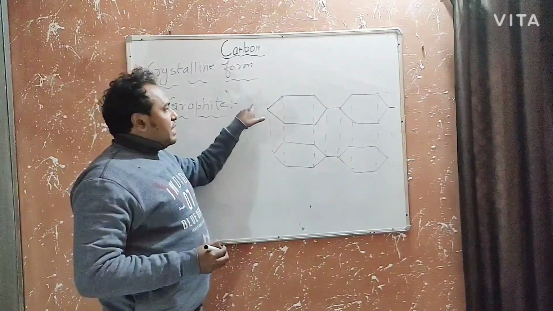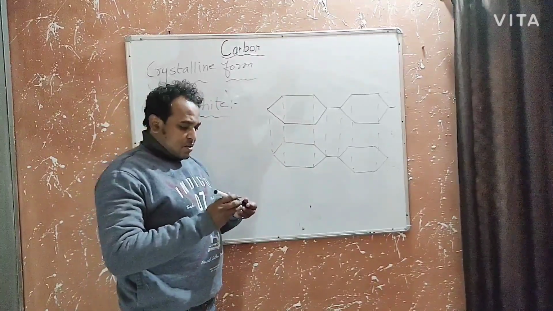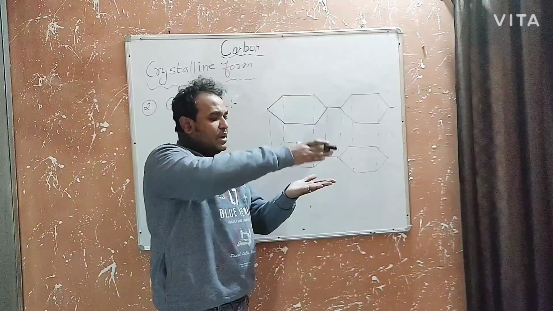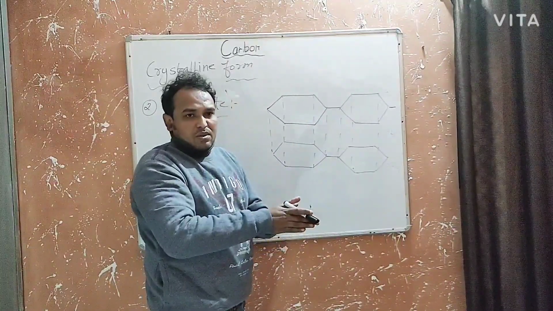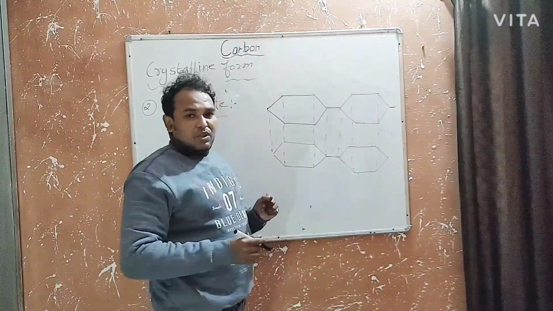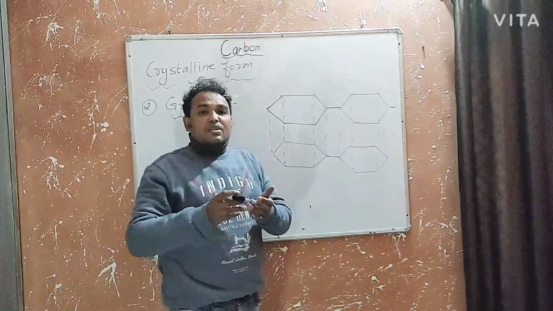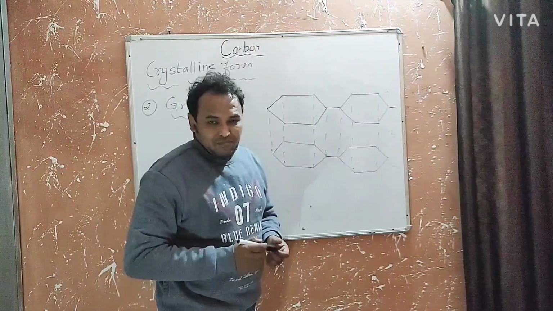The molecules of graphite are joined in rows. One row is piled over another row by a weak force. Because they are piled over one another, graphite is soft and slippery to touch.